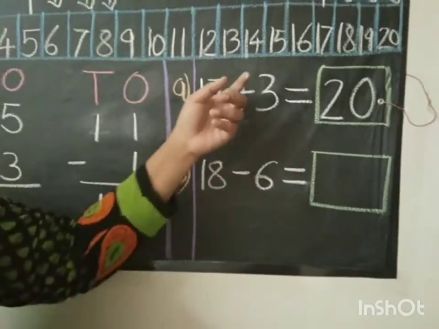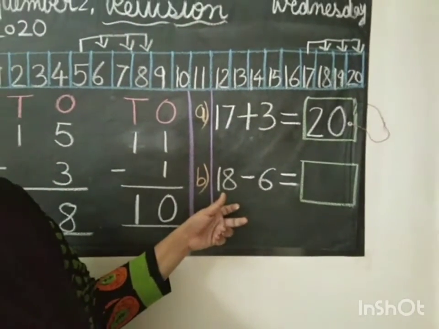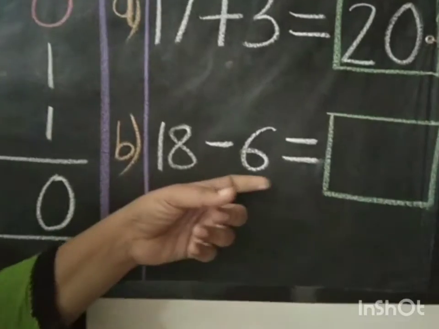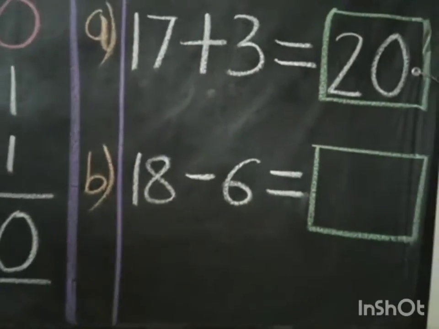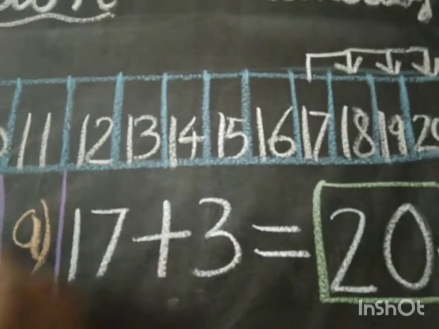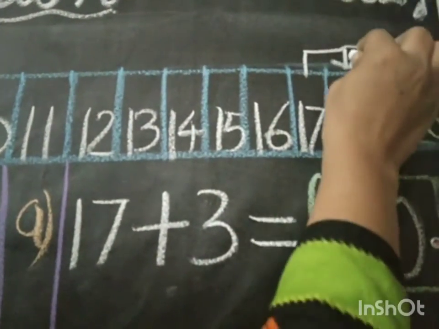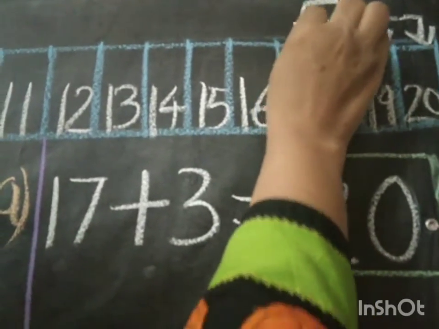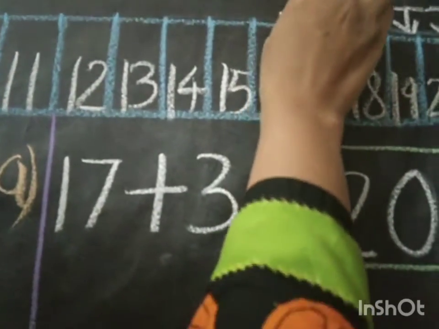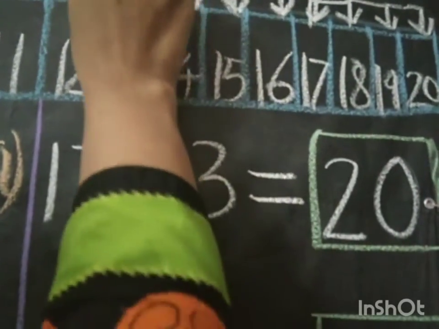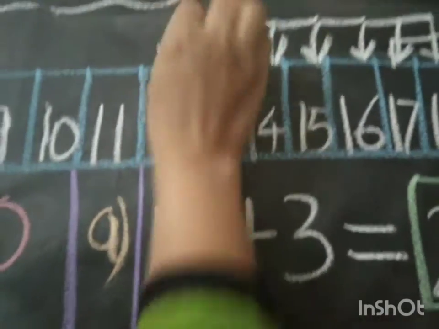Now in this way we can subtract also by using the number strip. It is written 18 minus 6. Okay. So we have to start counting backward 6 times. So our first number is 18. So we will start 6 times. 1, 2, 3, 4, 5 and then 6.